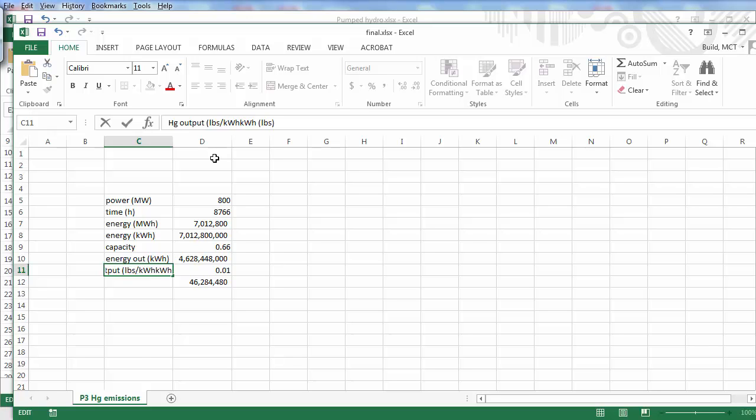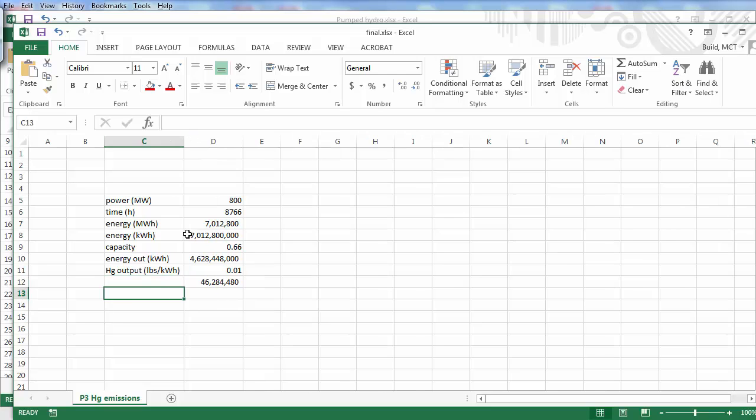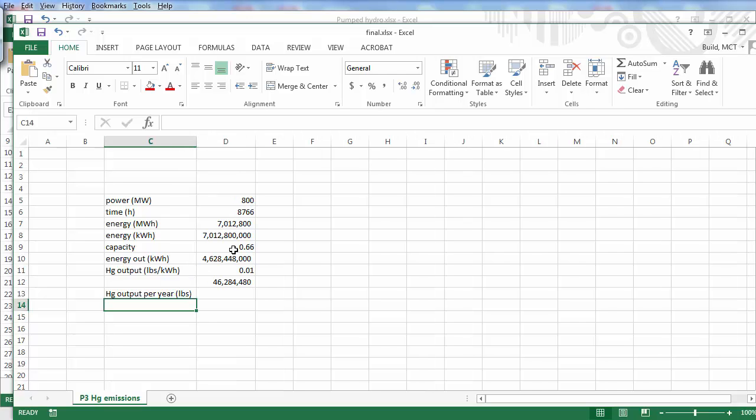I converted, I didn't go to megawatt hours, I converted to kilowatt hours, but I just did the whole conversion. I just multiplied 1 kilowatt times 1 hour to be 1 kilowatt hour. That's my conversion factor.